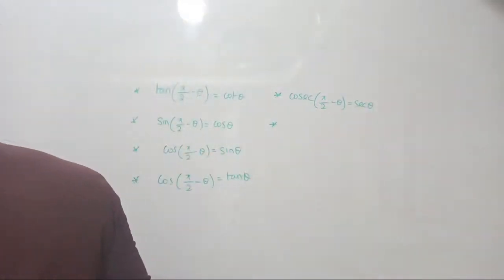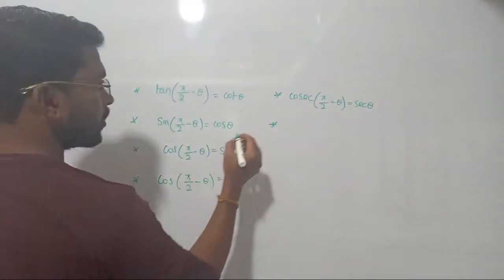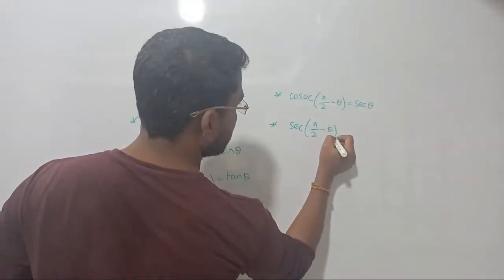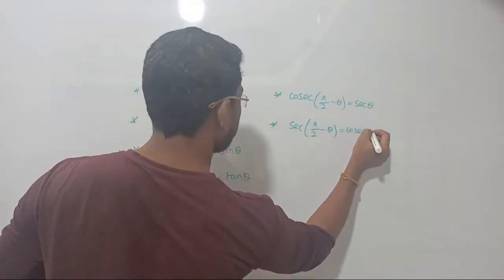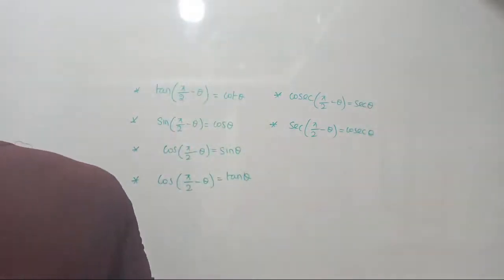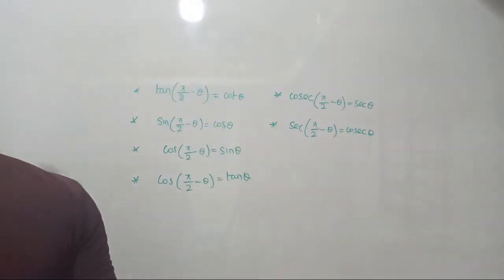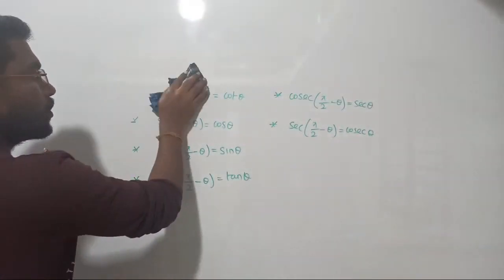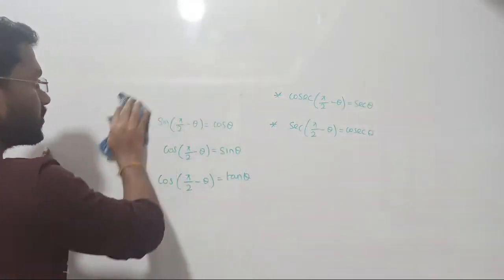Just remember, they are very important while solving problems. Similarly, secant of pi by 2 minus theta is equal to cosecant theta. That's all. I have done periodic identities also, so let me rub this one and write the periodic identities.